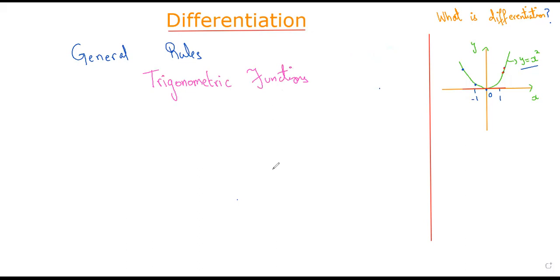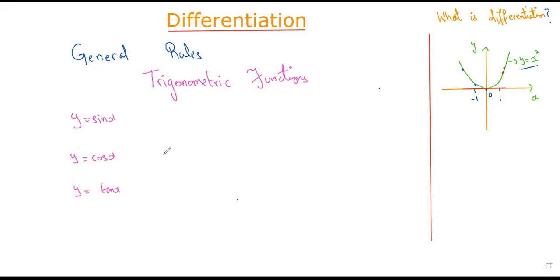We have some basic trigonometric functions, and we need to see how to differentiate them. Let's say you have sine of x, cos of x, and tan of x.